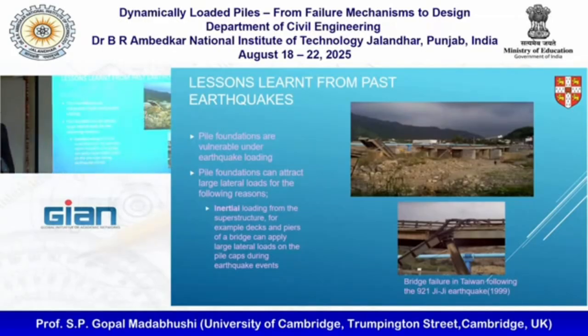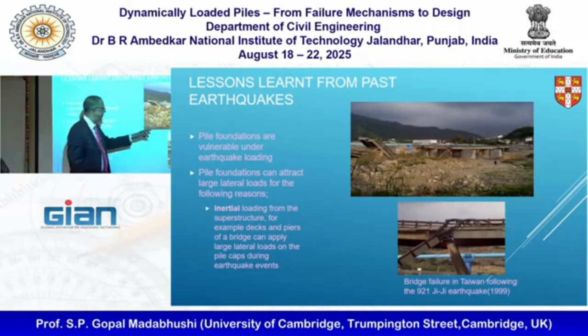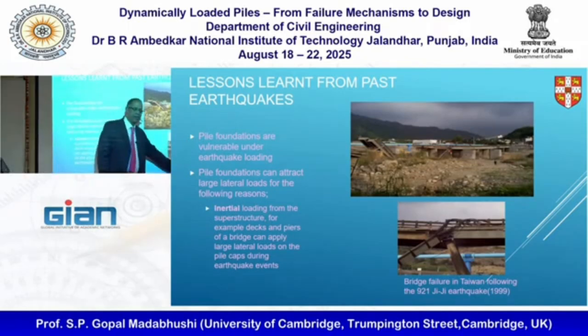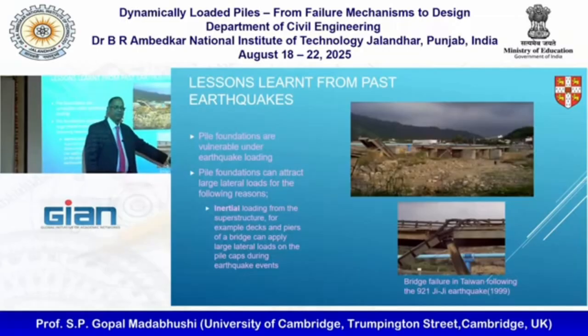Why is that? This is because the decks are very heavy, and when the earthquake came, the decks wanted to slide back and forth, and in doing so, they pushed the pier and broke the piles at the bottom, at the top of their head.